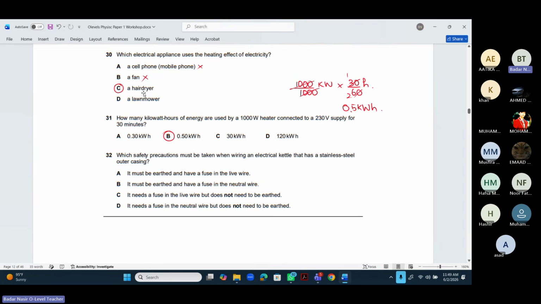Which safety precautions must be taken when wiring an electrical kettle that has a stainless steel outer casing? It must be earthed and have a fuse in the live wire.